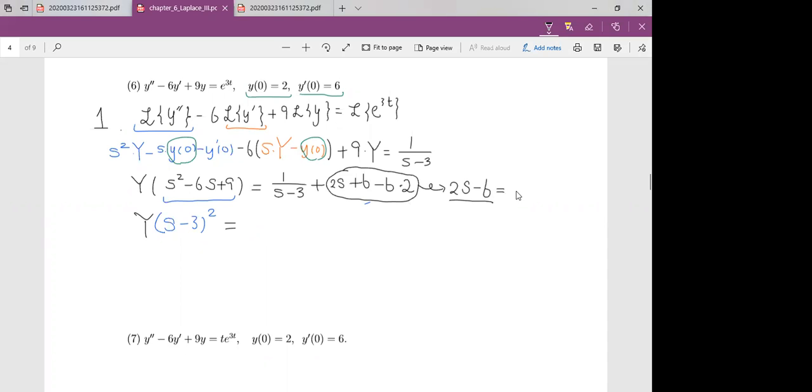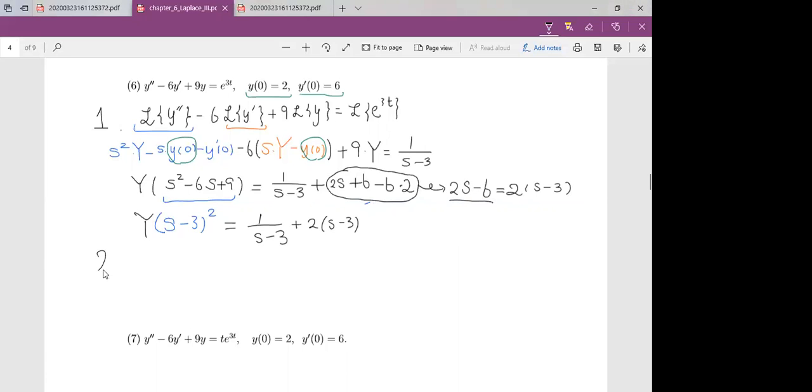This is, again, multiple of s minus 3. Good. So if you use this factoring, now you see pairs of canceling. This s minus 3, s minus 3, s minus 3. So this is one way to keep it organized and simple. All right, so we have 1 over s minus 3 plus 2 times s minus 3.